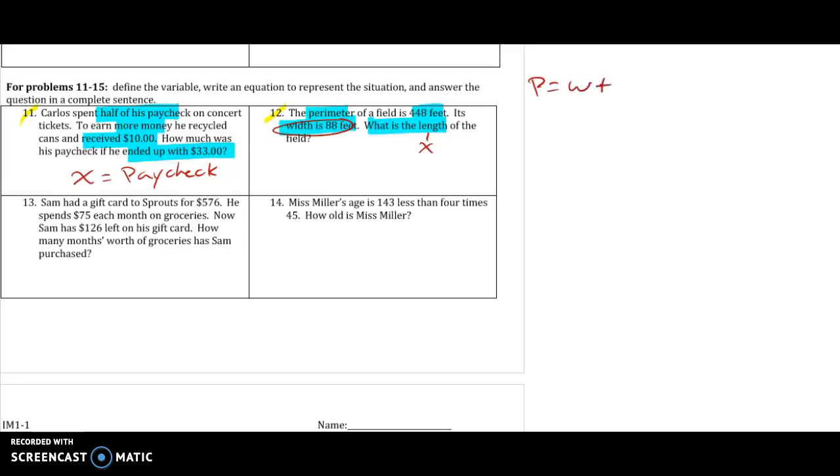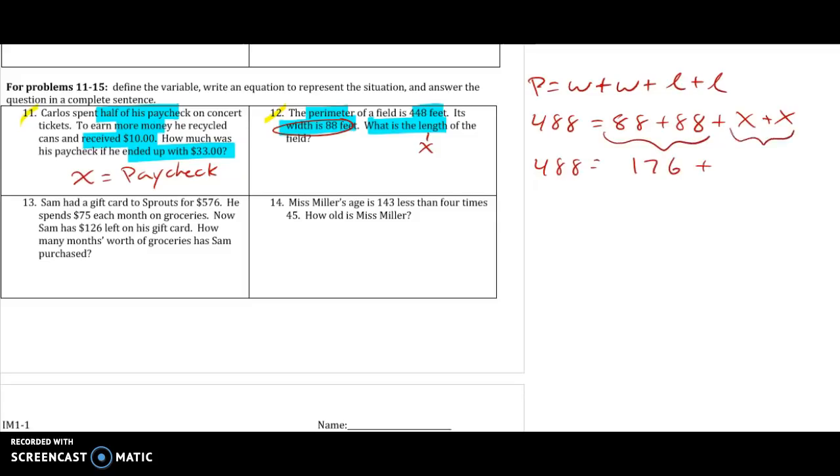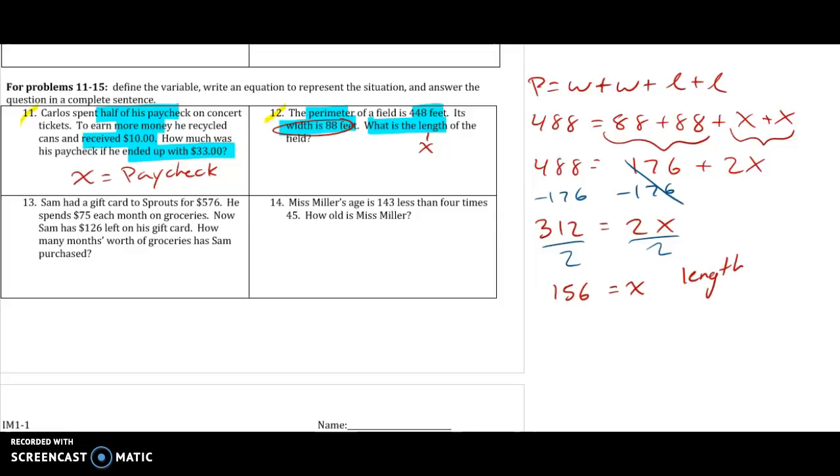Perimeter equals width plus length plus length. So the length is 156 feet.